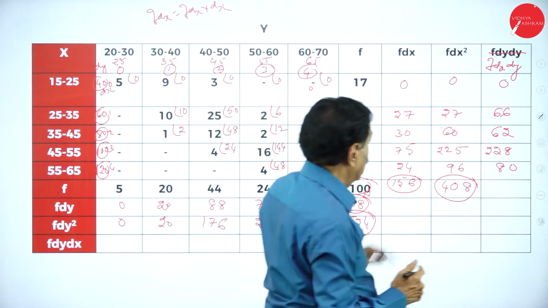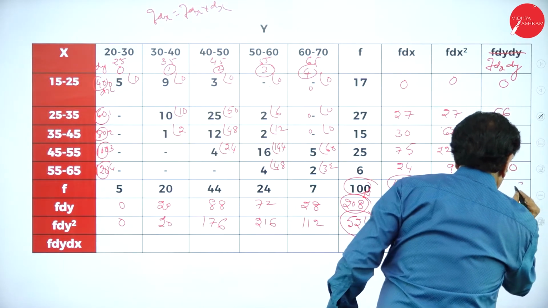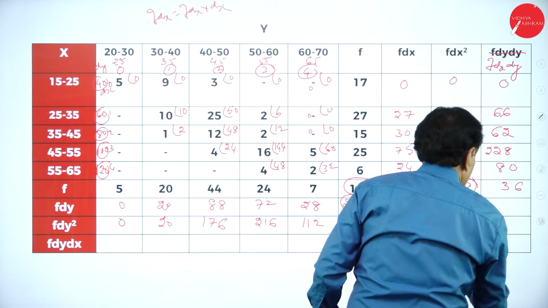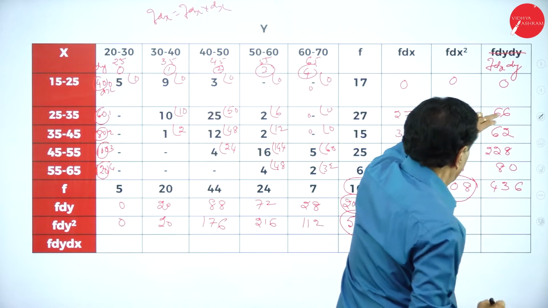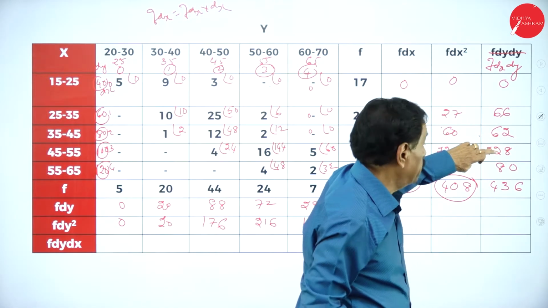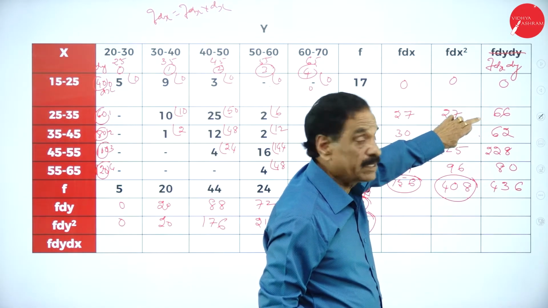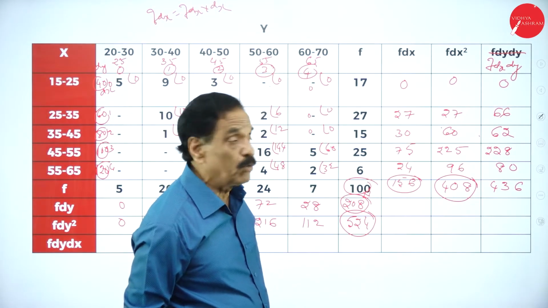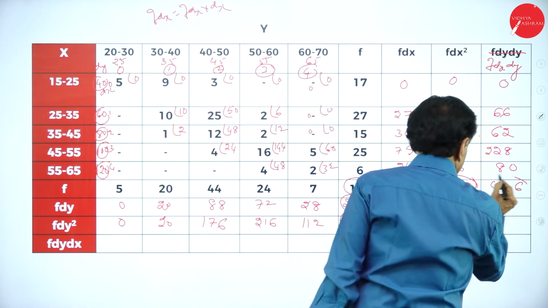Add the figure. Six plus 2, 8. 8 plus 8, 16. 1 plus 6, 7. 7 plus 6, 13. 2 plus 2 is 436.